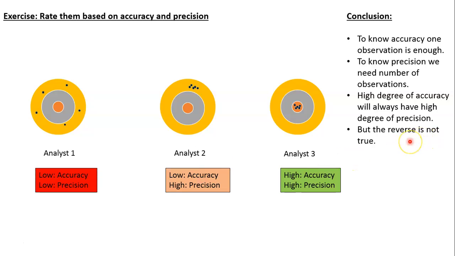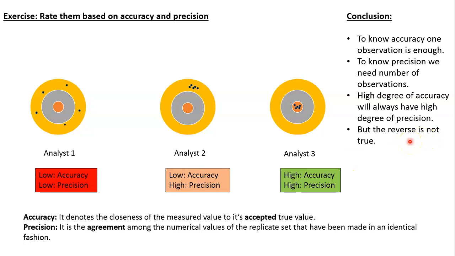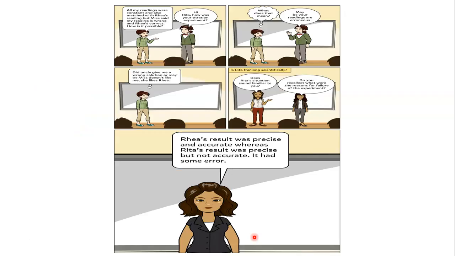But the reverse is not true. So accuracy denotes the closeness of the measured value to its accepted true value, whereas precision is the agreement among numerical values of a replicate set that have been made in an identical fashion.